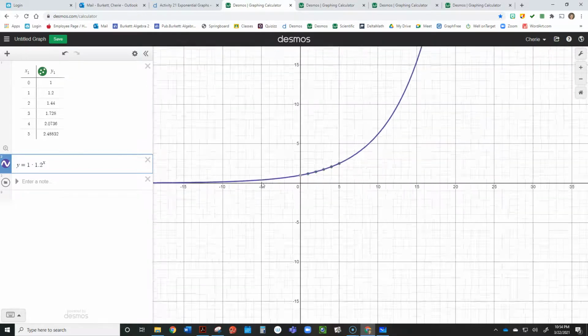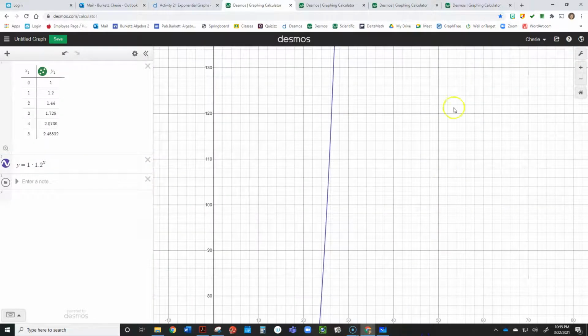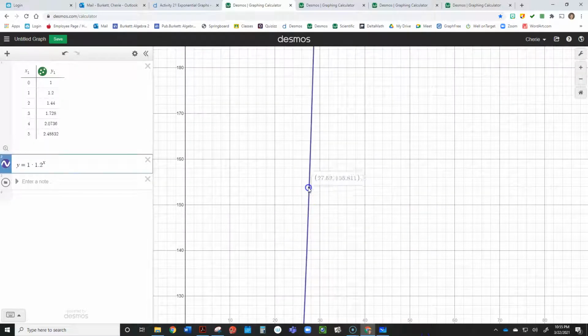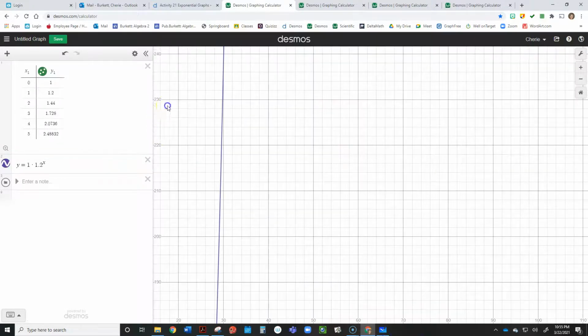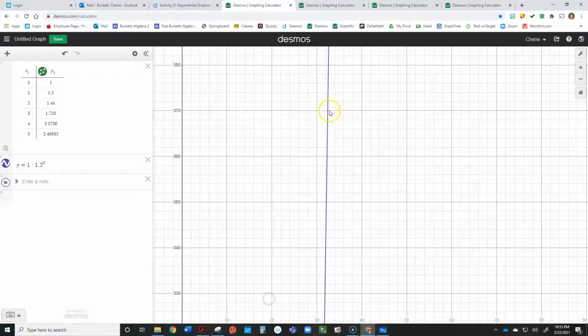But remember, I can change my window, and now I can go all the way out here to negative 40, or this way I can go as far as 17, unless I scroll up here, and then I've got 28. I can keep scrolling, and I can go out as there's 32.